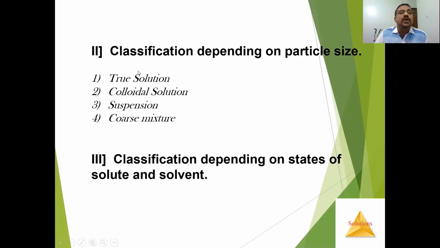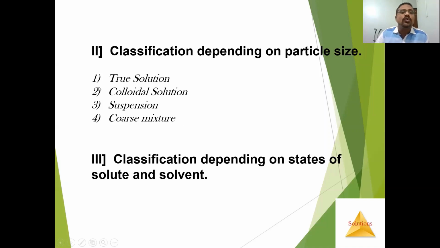We are going to discuss these four types in the next slide. And the third classification, which is given in your textbook in the form of a table, is the classification depending on states of solute and solvent.